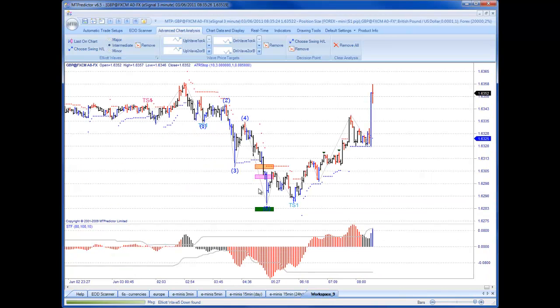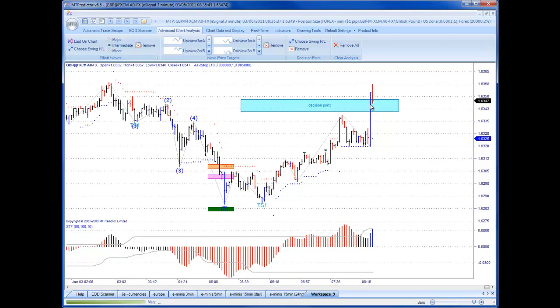On our 3-minute chart, again we had termination of a 5-wave sequence, therefore we're expecting a rally into at least, if I choose the DP of the prior wave 4, this level here. And as you can see, that's exactly what unfolded. Because of this anticipated rally, we'd be avoiding these sells here, because again we're anticipating the market to go up, therefore we do not want to take sells.